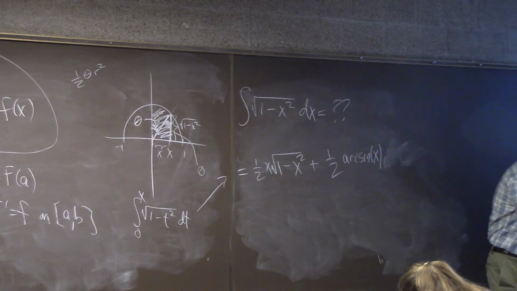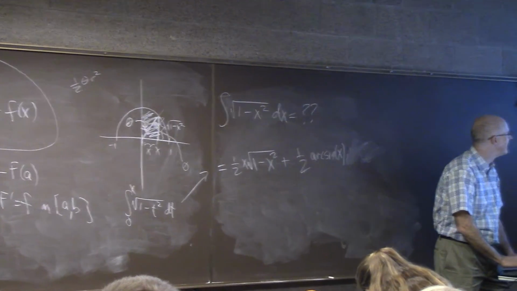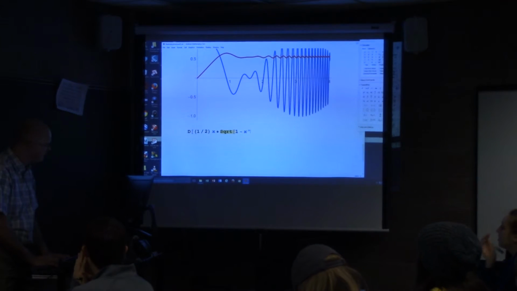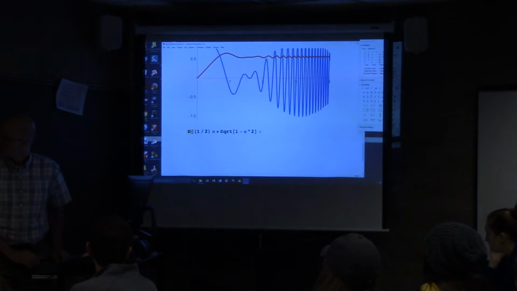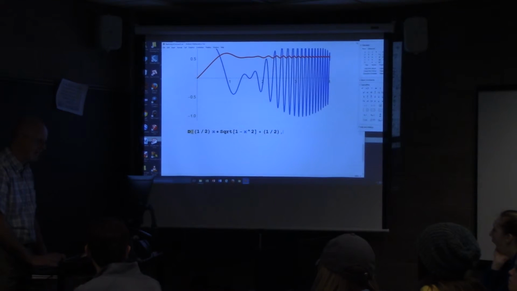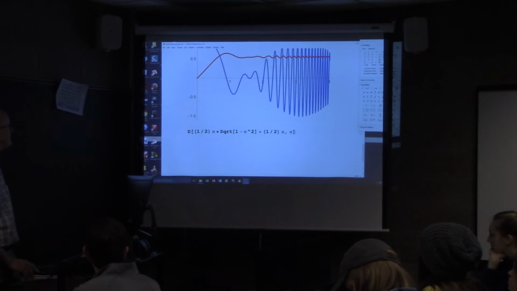Did it work? Is this really right? Well, if you have Mathematica take the derivative and don't simplify it, it doesn't look right.